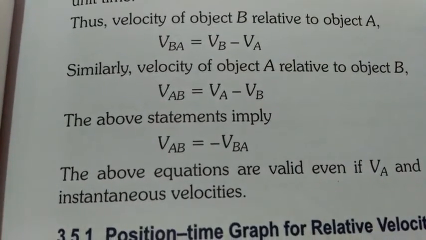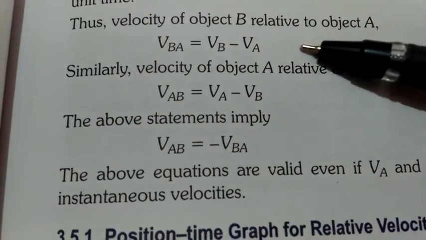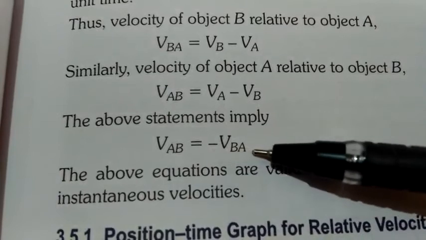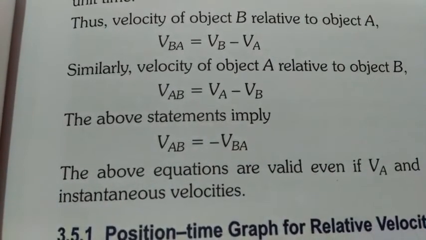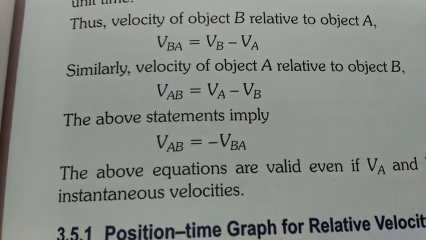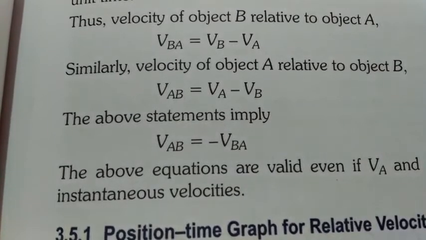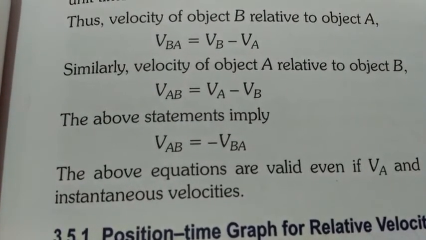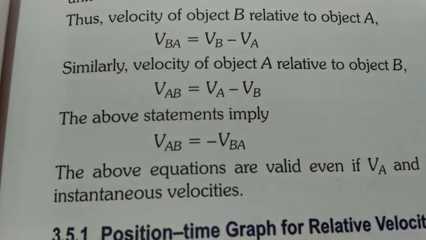From the above two equations it is clear that VAB equals minus VBA. That means when two objects, A and B, are in relative motion, their relative velocities will be equal in magnitude but with a negative sign.